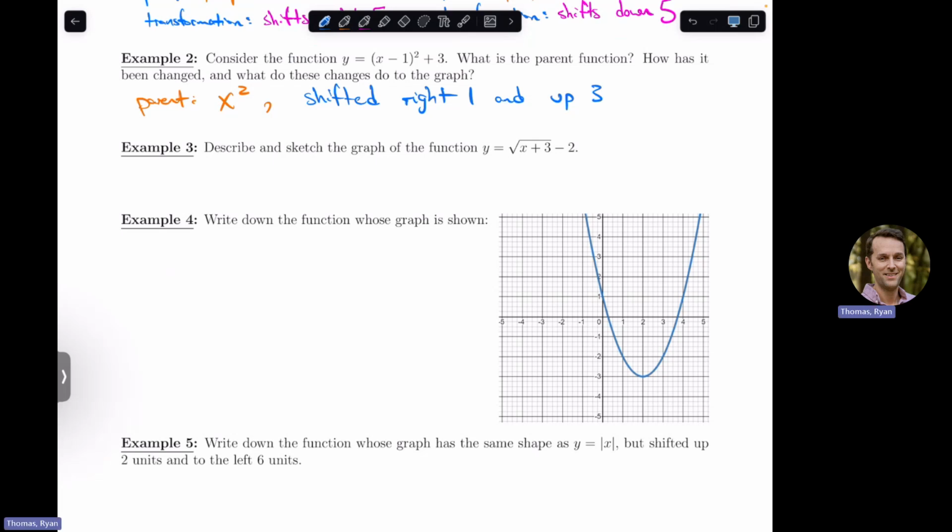Okay, 3, what kind of function are we talking about? Square root. Shifted left 3 and down 2.